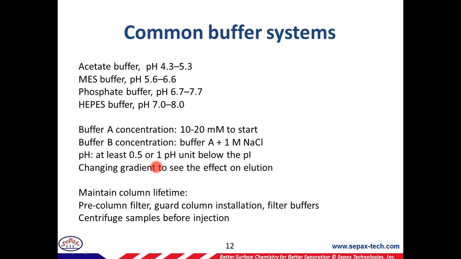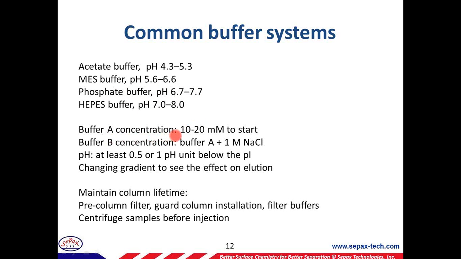When you don't know the properties of the mAb and just want to see what works, here are the 4 recommended common buffer systems you can start with: pH 4.3 to 5.3, the acetate buffer; the MES buffer, pH 5.6 to 6.6; the most common one, the phosphate buffer, pH 6.7 to 7.7; and the HEPES buffer at a higher pH.